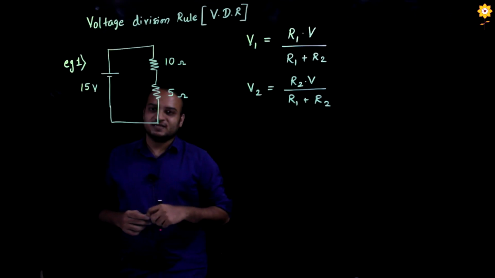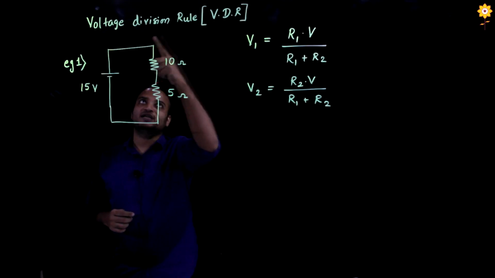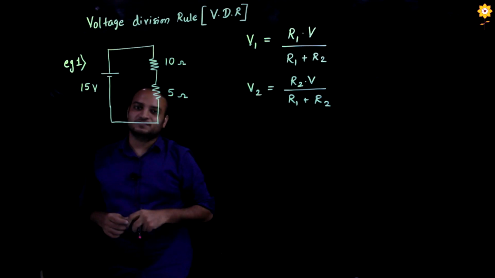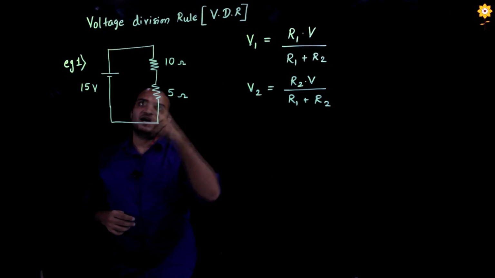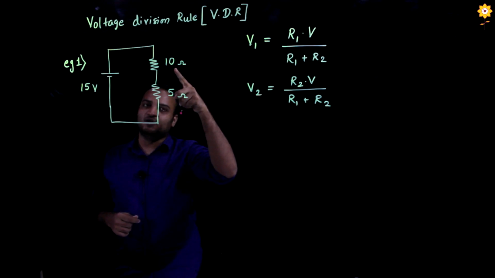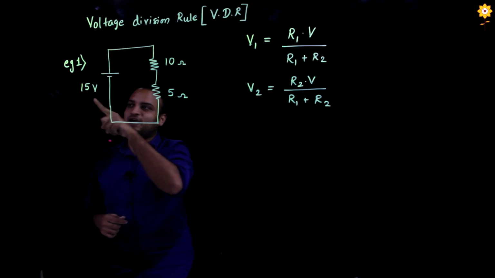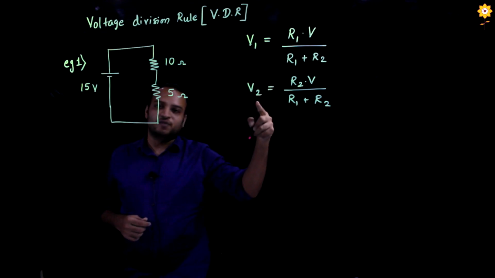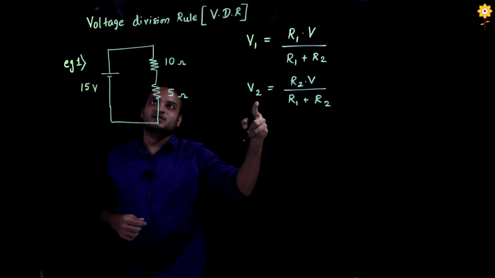So now let us understand how to apply voltage division rule, which is also called VDR, with the first example. In this case I have taken two resistors, 10 ohm and 5 ohm, connected in series to a battery of 15 volt. On this side I have also written the formulas which we have seen.